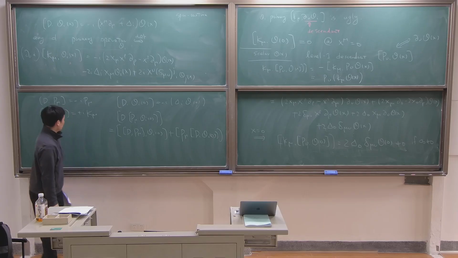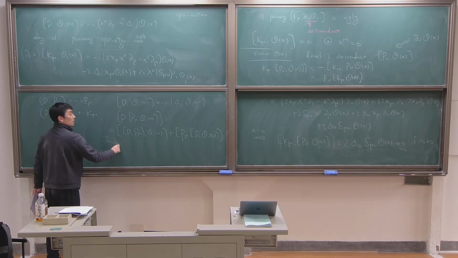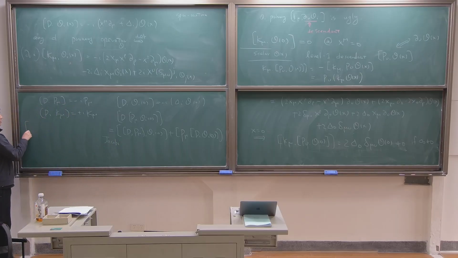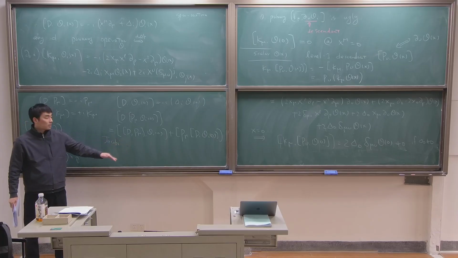Is it okay? You know the Jacobi identity, right? The commutator of A, B, C plus B, C, A plus C, A, B is equal to 0. And if you use this one, you get this.